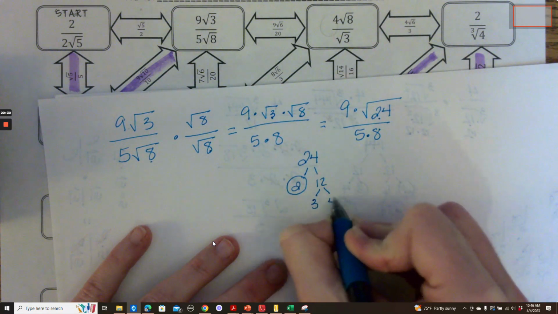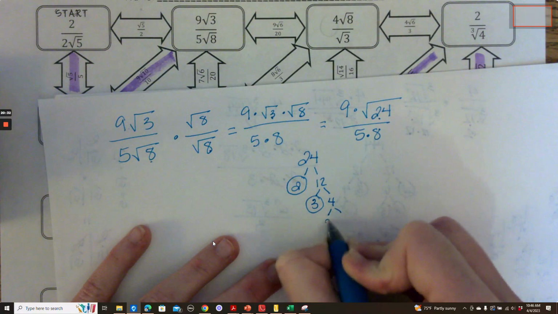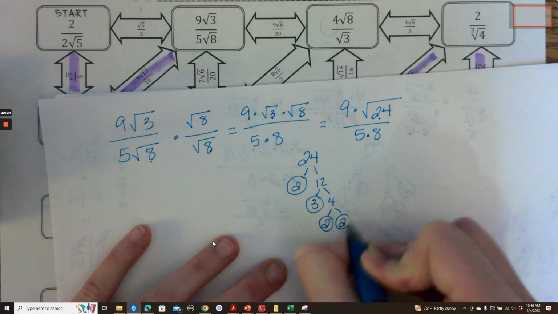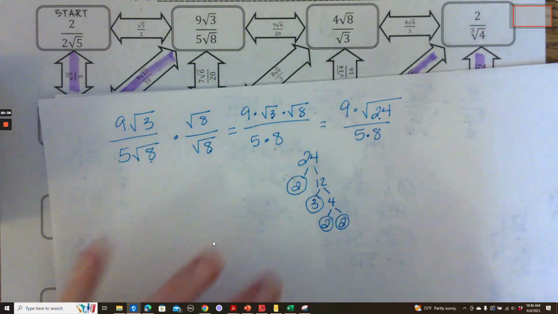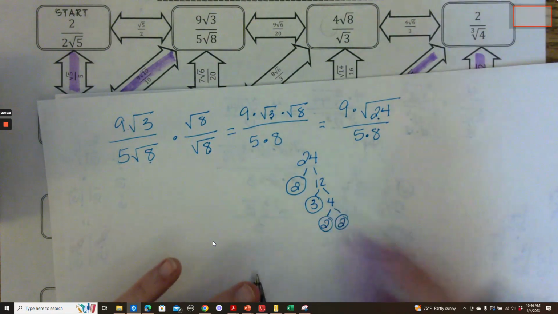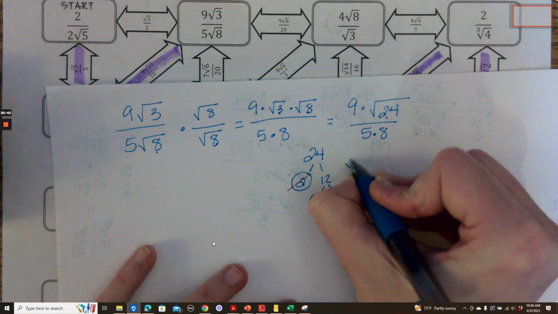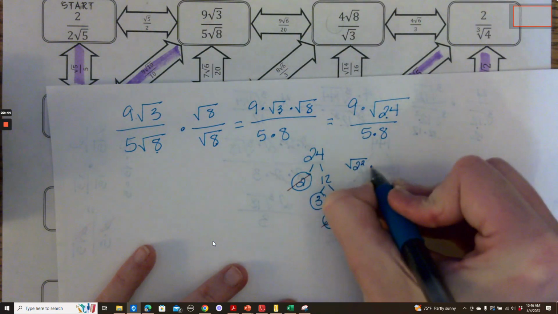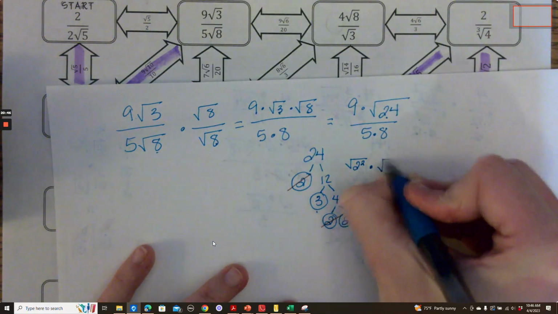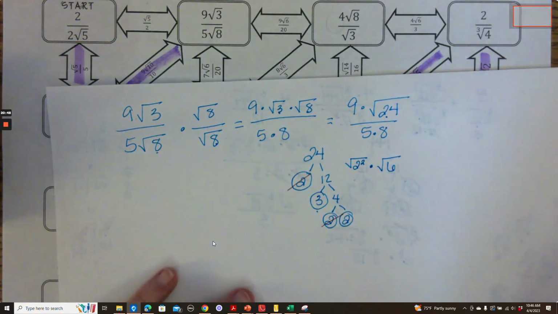Wait, 3 and 4. And then 2 and 2. So for squares, I just need a group of 2. 2 and 2 would be the square root of 2 squared. 3 times 2 would be the square root of 6.